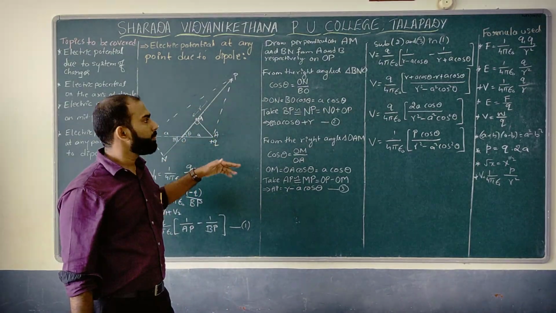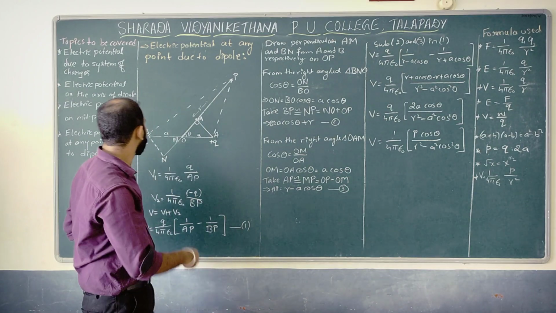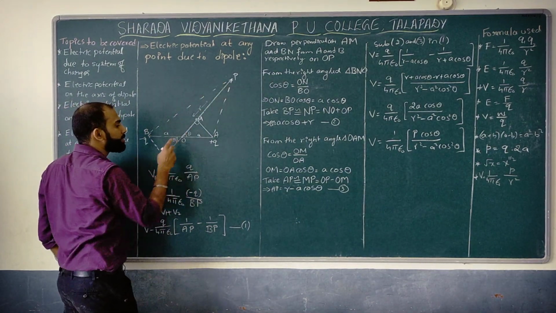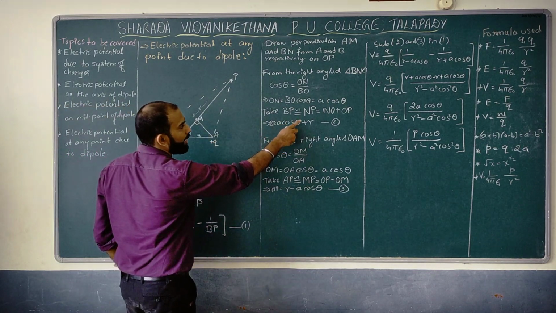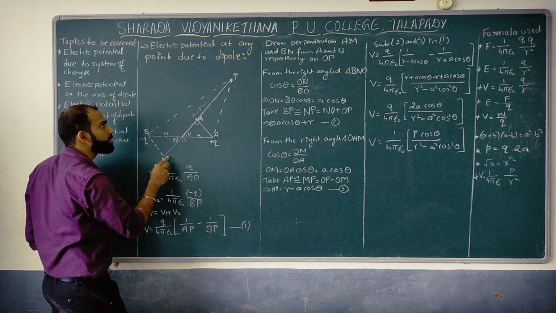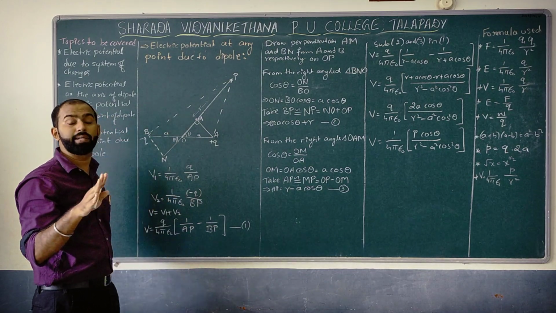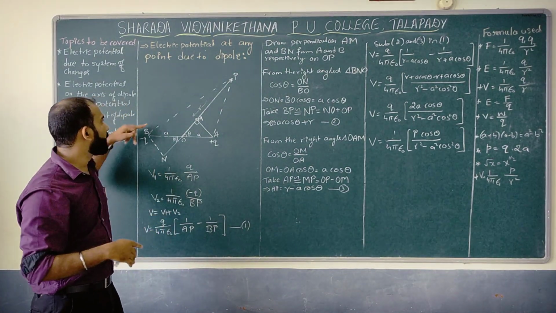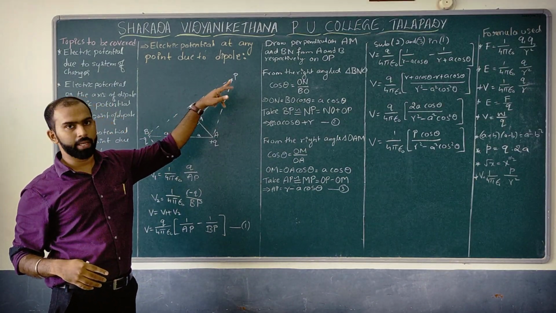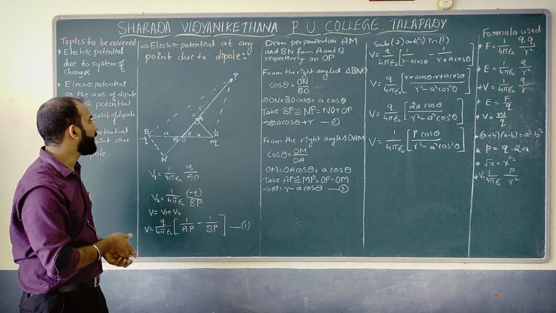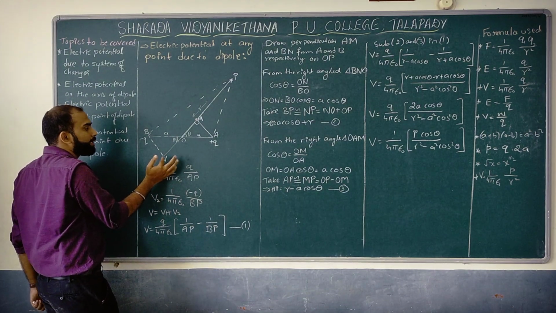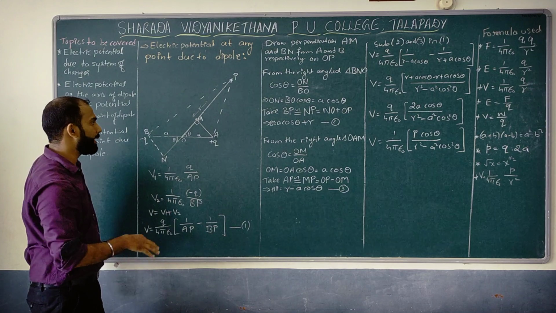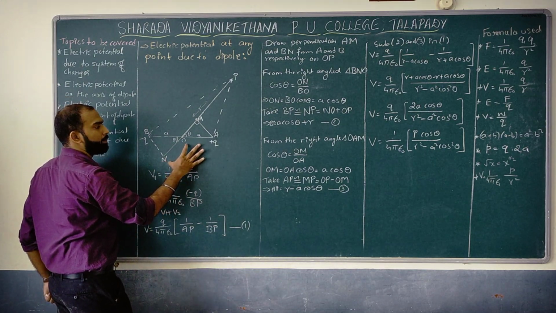For the time being, don't you think the length BP is nearly equal to NP over here? I am not saying that it is exactly equal, which is nearly equal. So BP is nearly equal to NP. If it is so, how to get the length of this PN or NP? Can I say it is nothing but ON plus OP?